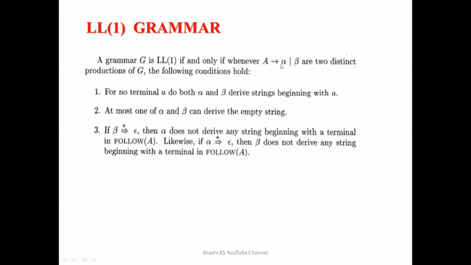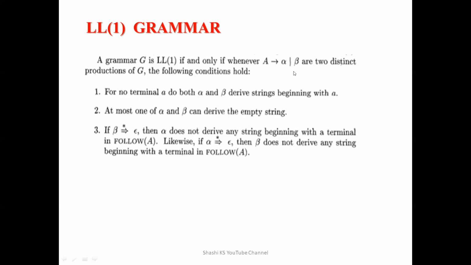So we need to find the first of the RHS of the productions, and the first sets should not be intersecting. There should be no common terminals between the first of alpha and the first of beta. We need to find the first of the right hand side of the productions, and that first set has to be unique.